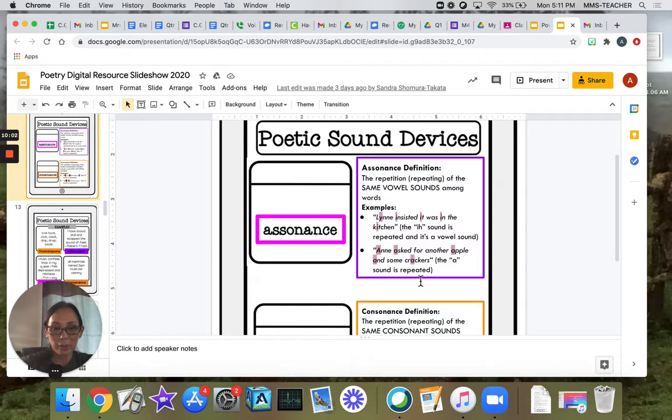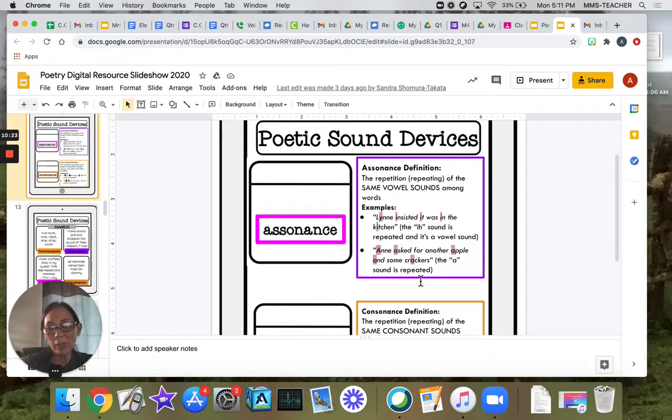The I sound is repeated and it's a vowel sound. I know you see Lynn and there's a Y in there, but when you say Lynn, it makes that I sound.